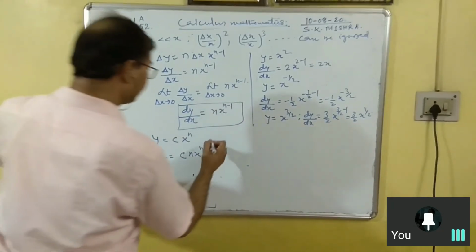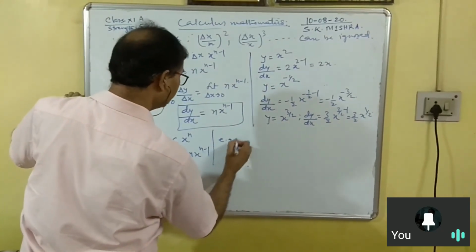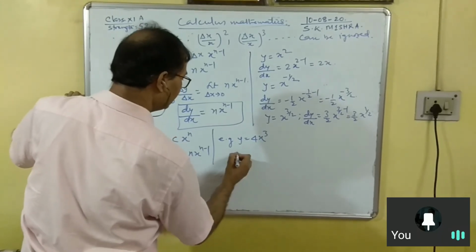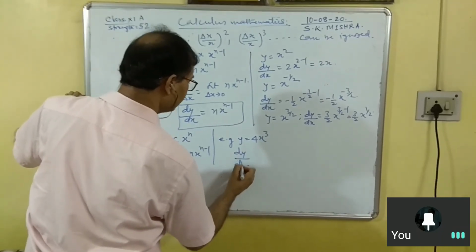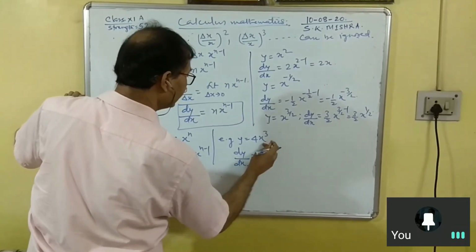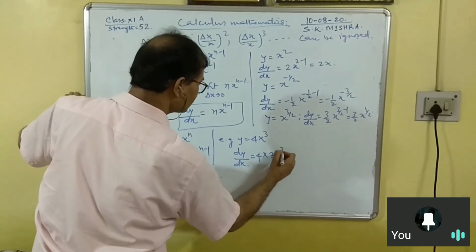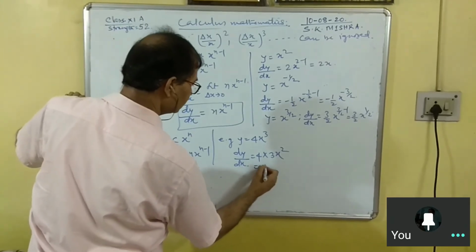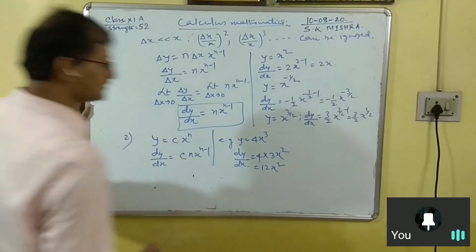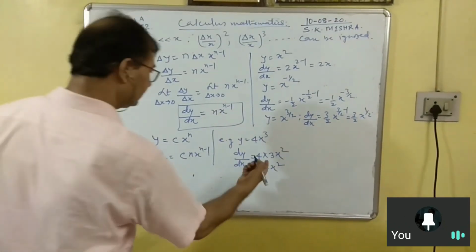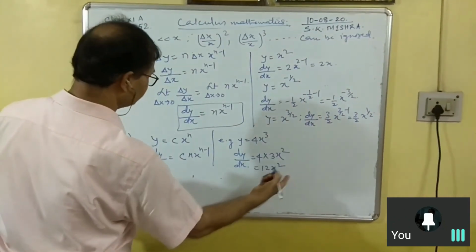For example, if y is equal to 4x cube, then tell me what is dy by dx? dy by dx is 4, and then for x cube you get 3x squared. So 12x squared. 3 minus 1 is 2. Okay, should I write directly? So dy by dx is 12x squared.